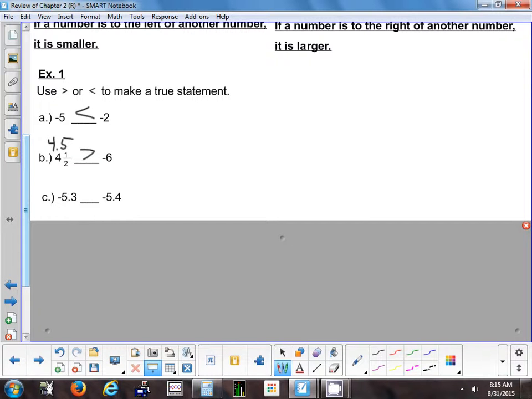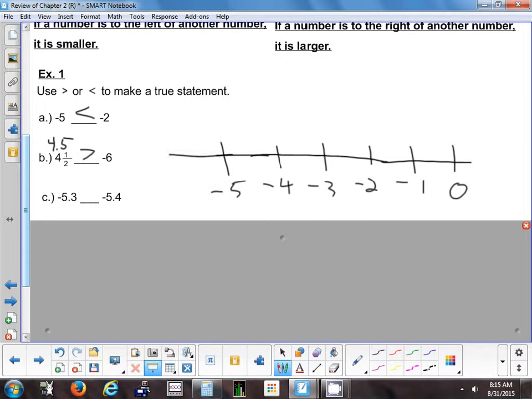Okay, greater than? Yeah, if we graph it, let's kind of space it out on the number line. Okay, put 0 over here. And we've got, let's see. Let's fill in a couple more. Okay, negative 5.3, that's probably about right here.